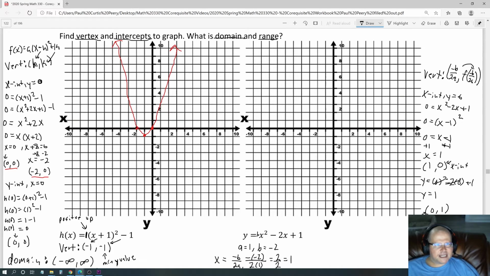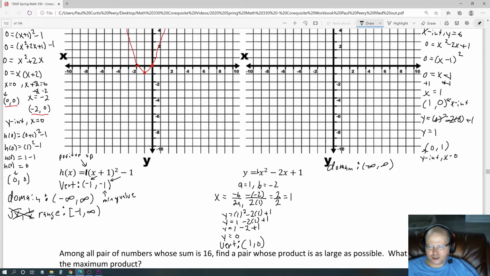We have our vertex. And now we want the domain and range. Domain has not changed. So domain is still going to be negative infinity to infinity. There's no limitation of the domain, so we don't have to worry about that. Now range, what's range going to be? Because this is positive, the same thing as before, it's going to be up.